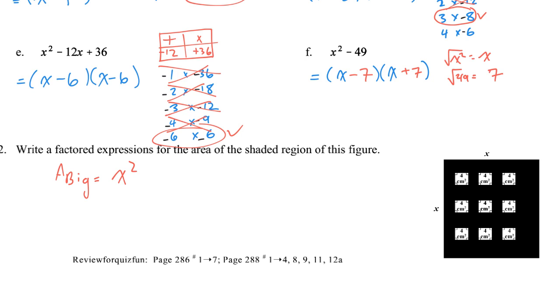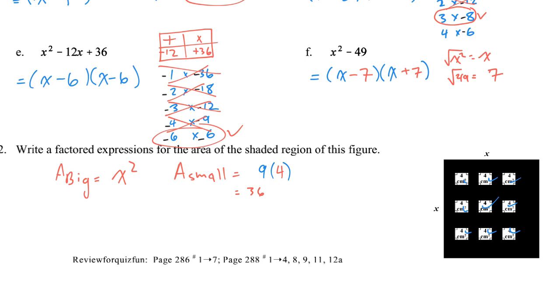Now, each of those little blocks in the middle there, the small blocks, A small, each of them are 4 centimeters squared, right? But if you look at them, there are 1, 2, 3, 4, 5, 6, 7, 8, 9 of them. So we need to take 9 times 4, which gives us 36, right?